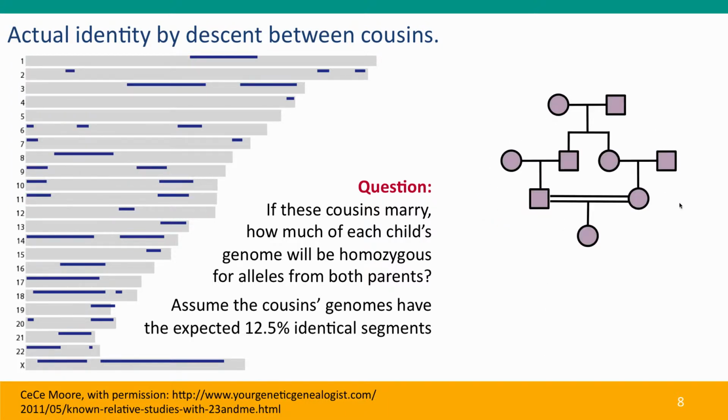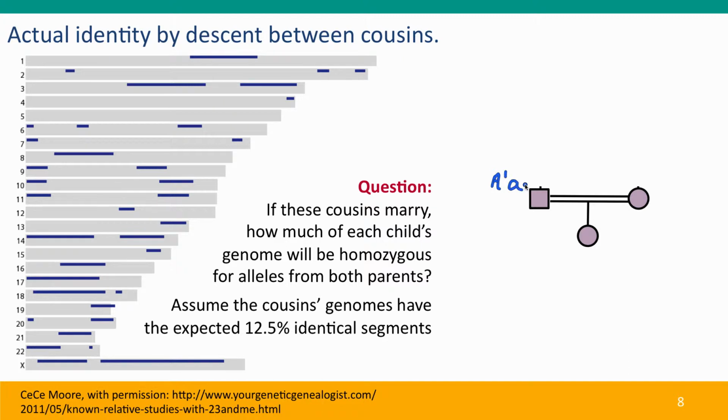There's the pedigree again. It's simplest to first think about it ignoring the relatedness and just go back to thinking about, well, if both parents carry the same recessive allele, so let's say that one parent is A1 a and the other parent is A2 a, the probability that the child will be homozygous for the little a allele is 1/4.